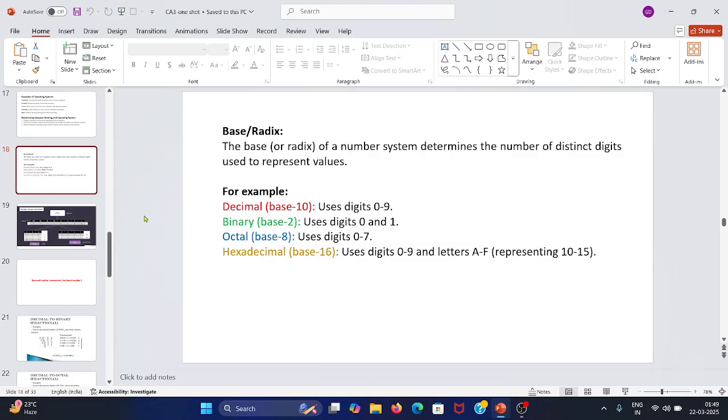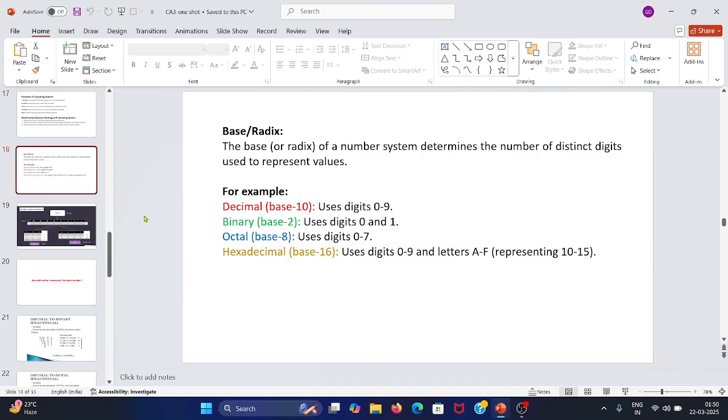Let me first read it out, then I will explain it to you with an example. For a decimal number, the base is 10. In a decimal number, the digits can be 0 1 2 3 4 5 6 7 8 and 9. We cannot consider 10 as a digit, so its base is 10.